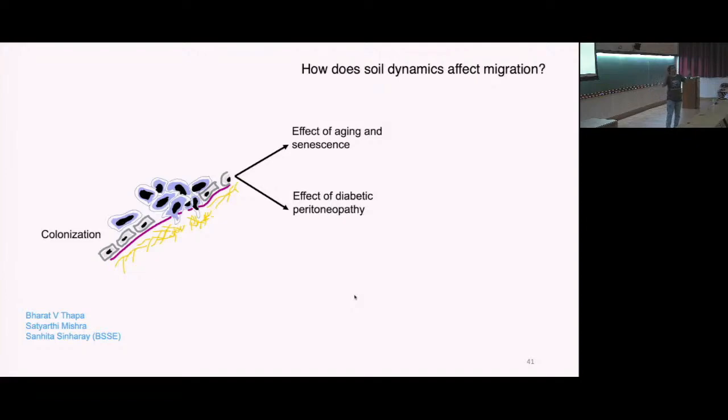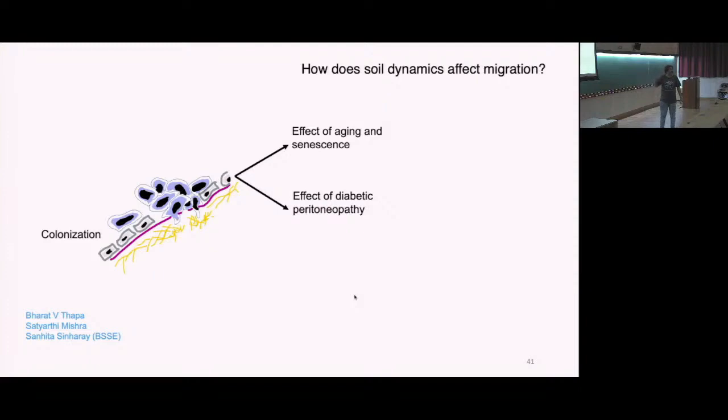So what are the risk factors? We know that aging and senescence matter; aged populations get some of the cancers far more than younger populations. It's very well-known data. And there are other risk factors. For example, diabetes is a big risk factor that is known to increase the risk for cancer incidence as well as cancer metastasis.